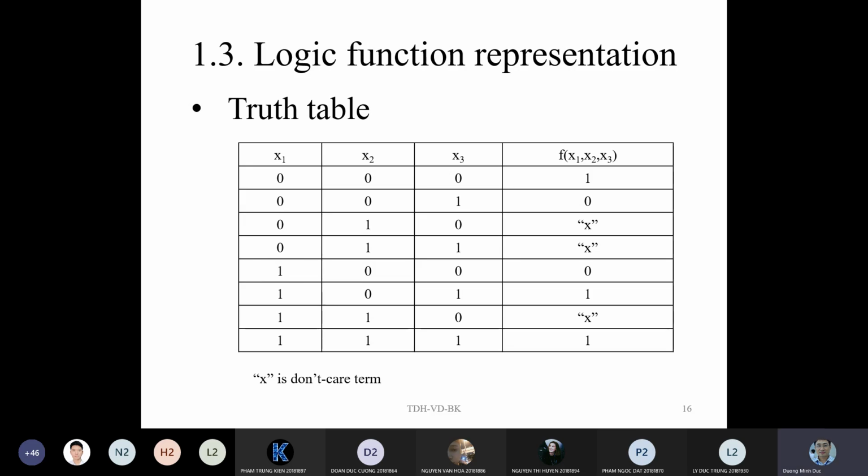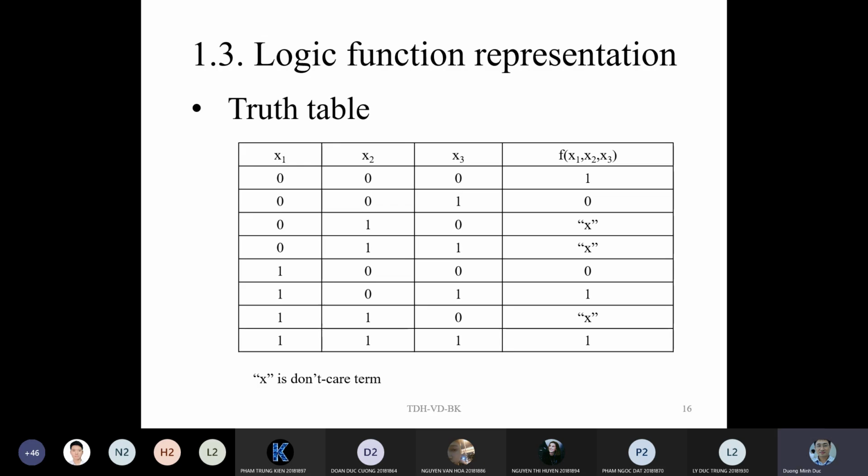So that's the truth table. The truth table is usually used to represent the problem from the real world after we choose the logical variables. The truth table is useful to understand the system, but not useful to implement the logical function.